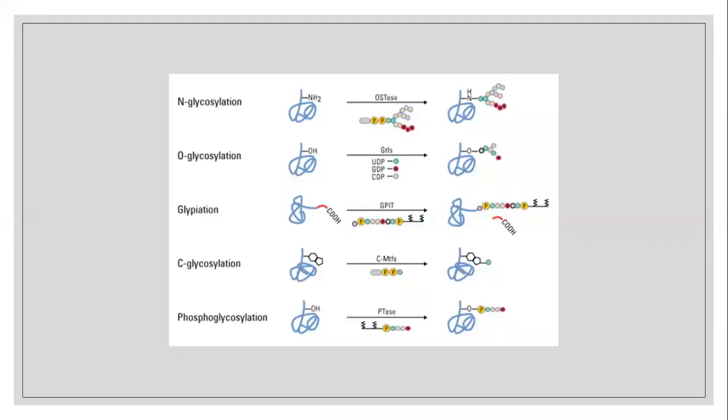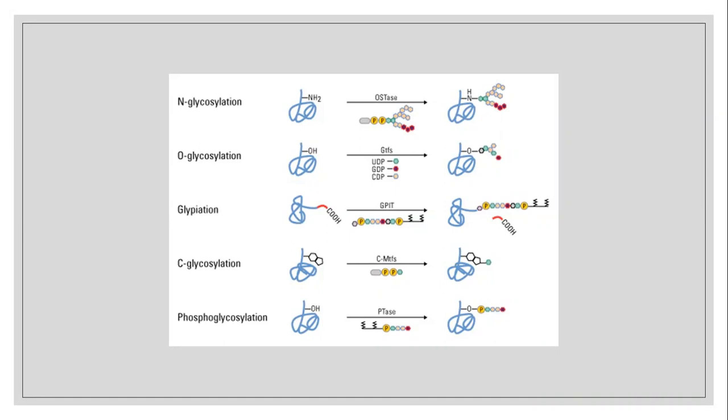This image shows different types of glycosylation. N-glycosylation is the attachment of an oligosaccharide, which is also called glycan, to a nitrogen atom of a protein. O-glycosylation is the attachment of sugar to the oxygen atom of serine or threonine residues in a protein. Glycation is the addition by covalent bonding of glycosylphosphatidylinositol.